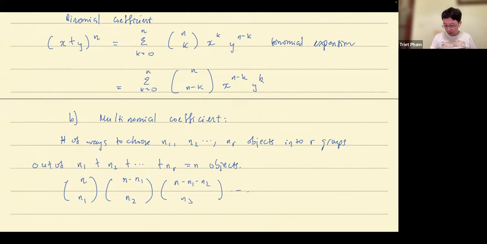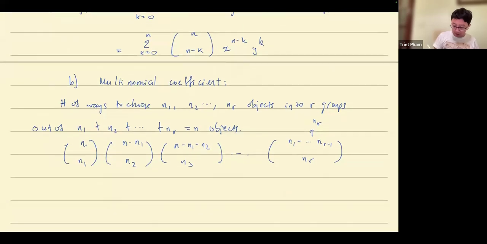And then, of course, you have the final object group. But really, the last one is really just nr anyway, because when you take away all the other groups, you have nr objects left, you choose nr, so there's only one way to put them into the last group. But if you look at this expression, what is it?